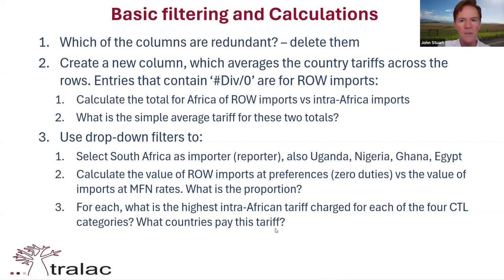All right, so all of our filters are off. So we go to reporter name and we choose South Africa. Oh, you're not seeing this. Let me just go back. South Africa, Uganda, Nigeria, Ghana, Egypt.